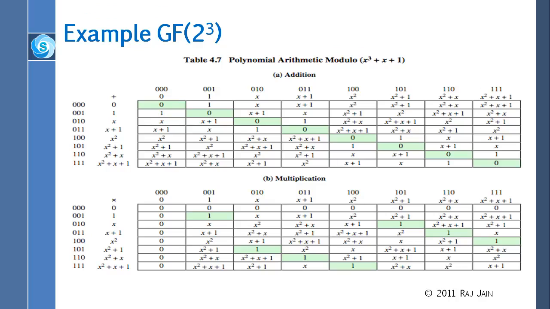That cancels out, and you get x plus 1 here. Now this is less than the modulus, so this is the remainder. So the answer is x squared plus x plus 1 times x squared plus x plus 1 is x plus 1. You first multiply longhand and then you divide longhand to get the remainder. There's a lot of longhand division in this chapter actually.